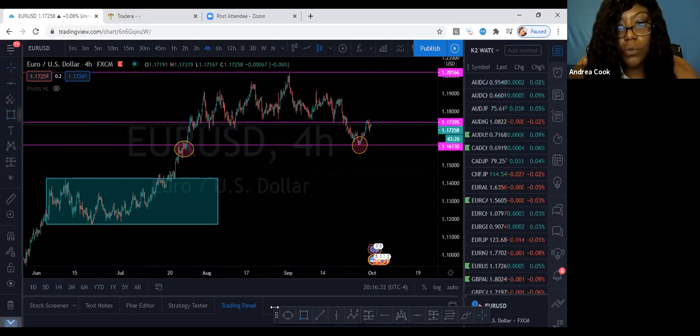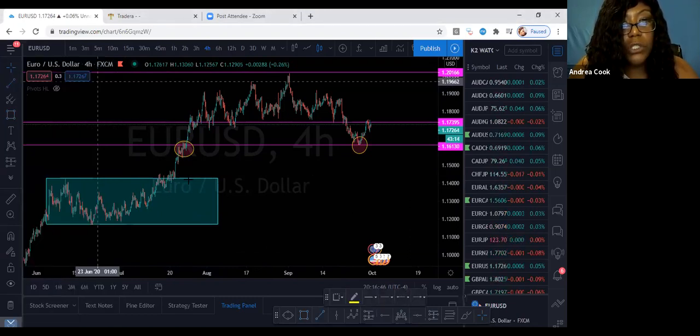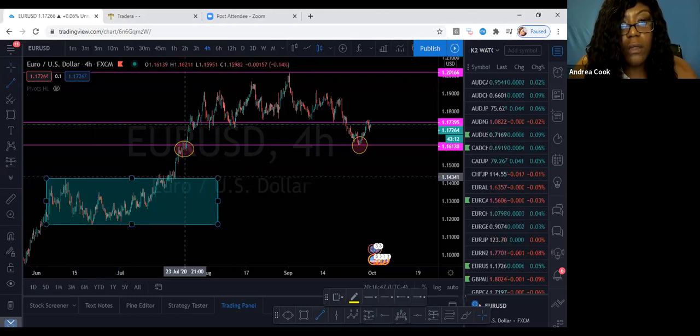So let me draw a trend line. Normally, when you draw a trend line, you would draw it from the bottom of the move, but I just want to show y'all this. Hold on.